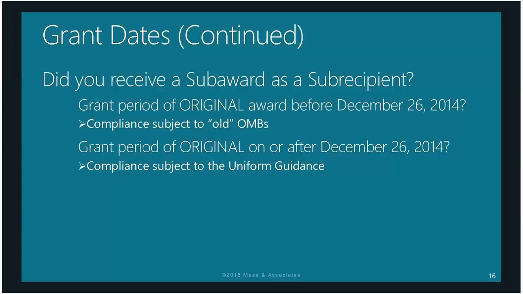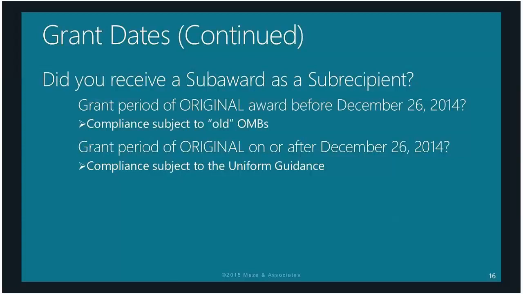So if the original federal grant award was dated before December 26, 2014, then the compliance is subject to the old OMBs. But if the original federal award date is after December 26, 2014, then your compliance is subject to the new uniform guidance.